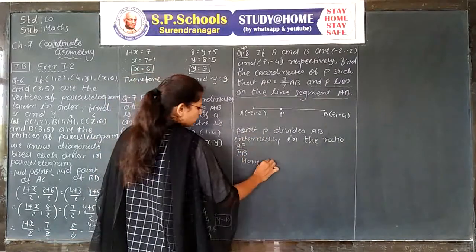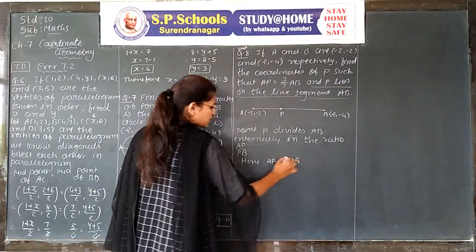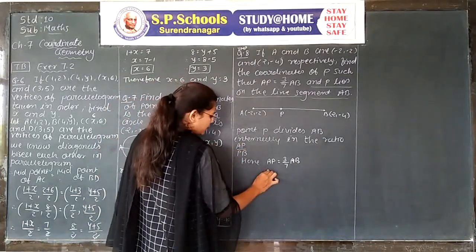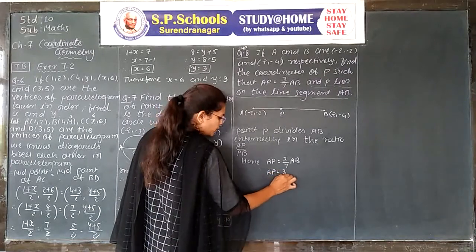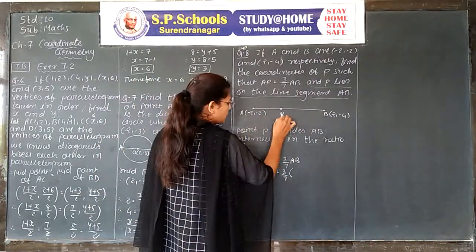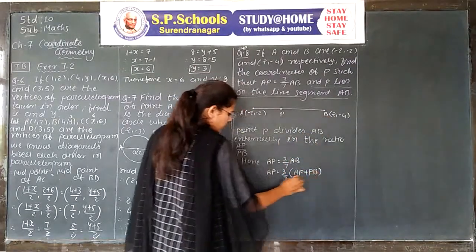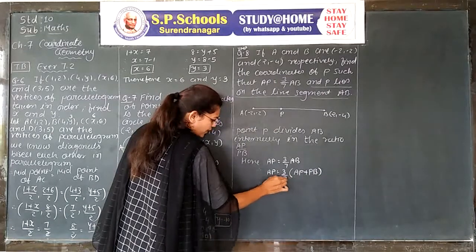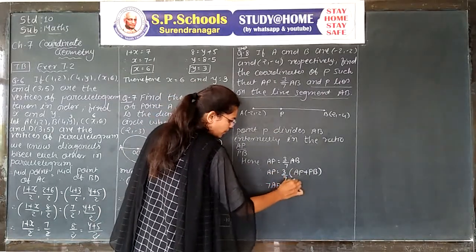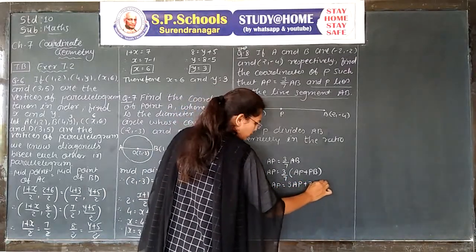The ratio AP is equal to 3 upon 7 AB is given. There are two ways to find AP upon PB, where AP is 3 upon 7 as it is, and AB is equal to AP plus PB. Now 7 multiplied with AP is 7AP, equal to 3 multiplied with bracket AP plus PB, that is 3AP plus 3PB.